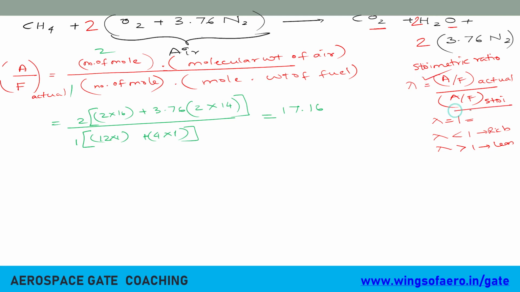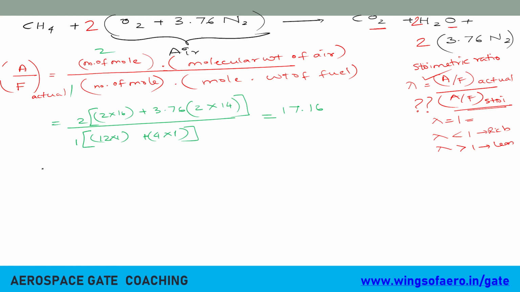Now in the question they have not mentioned the stoichiometric ratio. So how can you find it? Here comes a simple general formula to find the air to fuel ratio or the stoichiometric ratio.